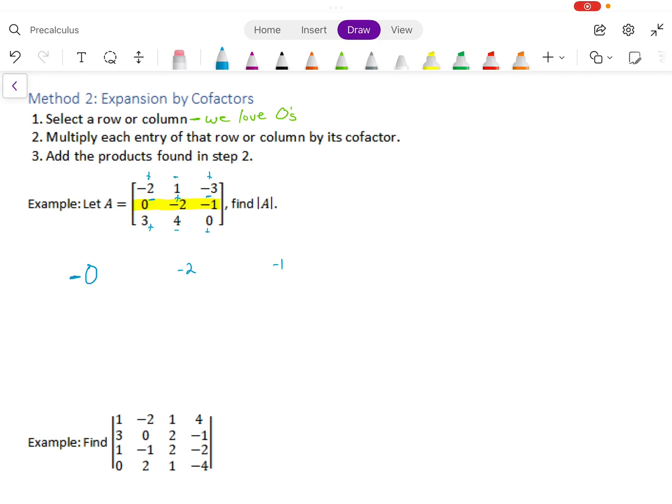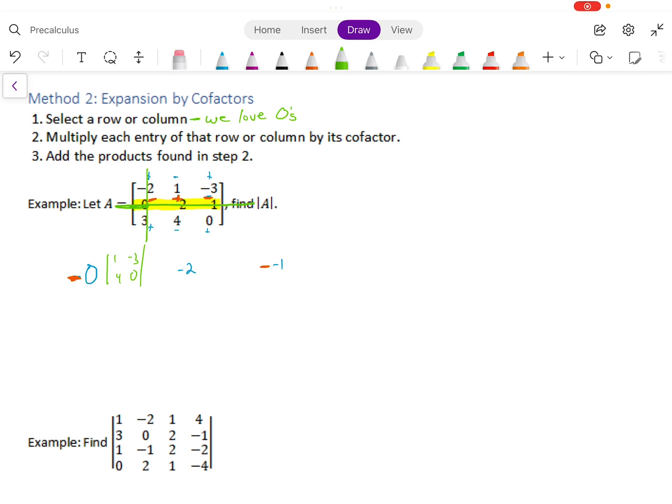Remember, a negative means opposite, and positive means keep it the same. So we're doing the opposite of that. In fact, I'll put these in orange. We're going to do opposite, same, opposite. And now we do the minors, where we cross out the row and column that zeroes in. And we have 1, -3, 4, 0.